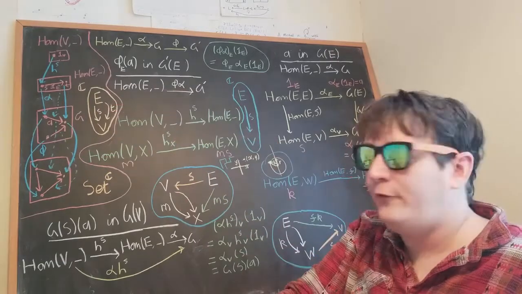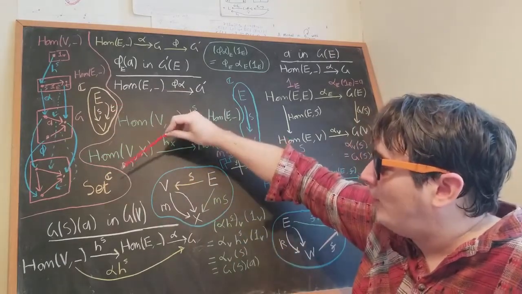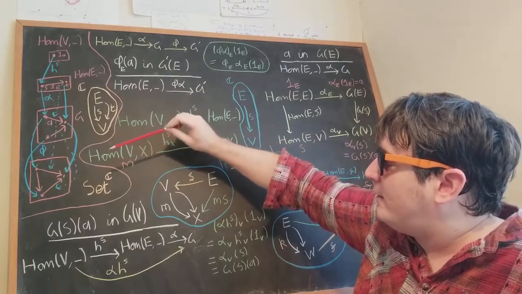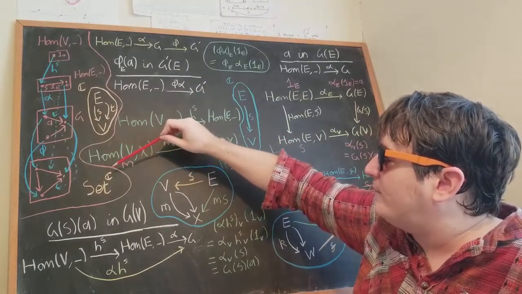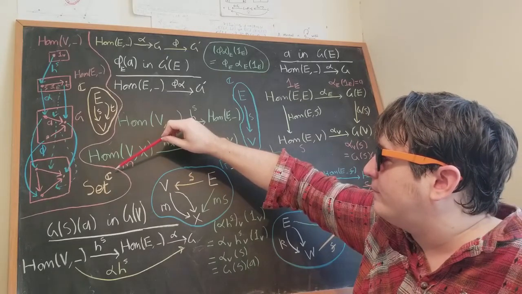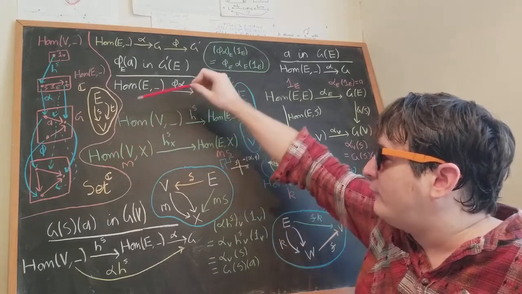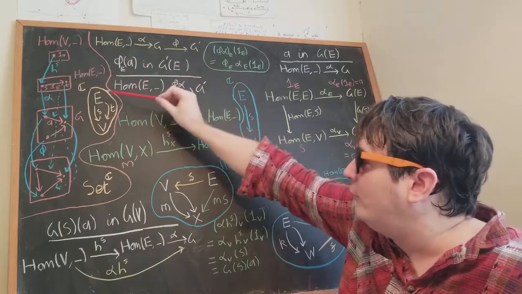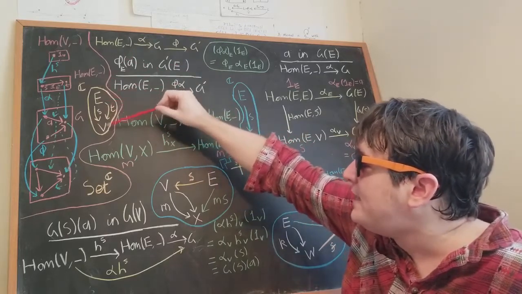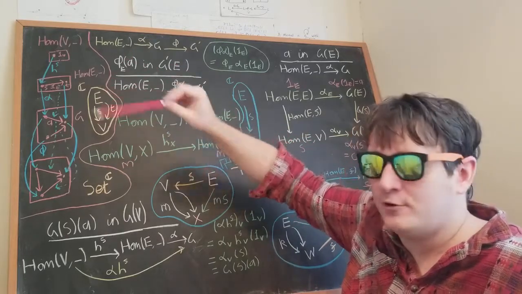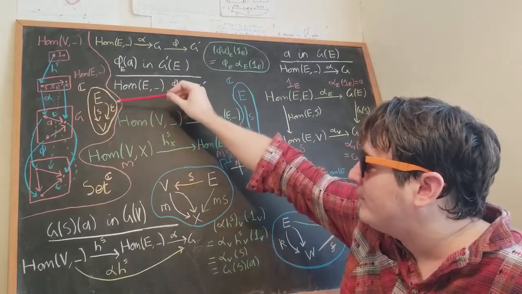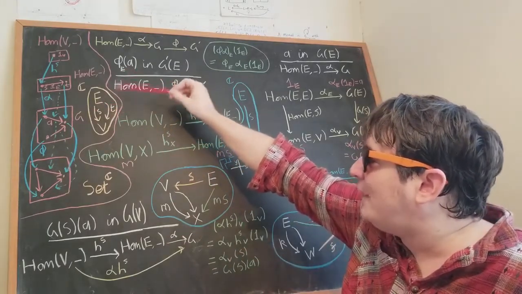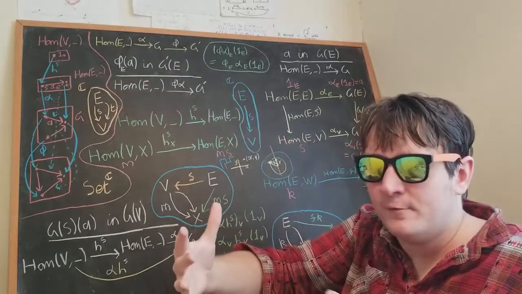arrows. So basically we can think of the objects in set to the power of c as these kind of collections of sets, one set for every object of c, with these kind of functions between them, one function for every arrow of c. And that's kind of like a coordinate system, okay?